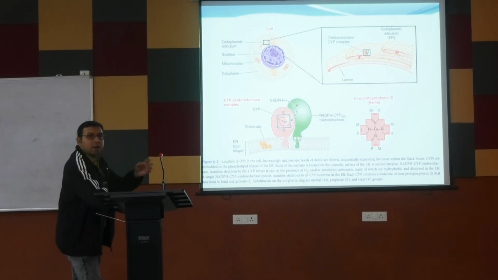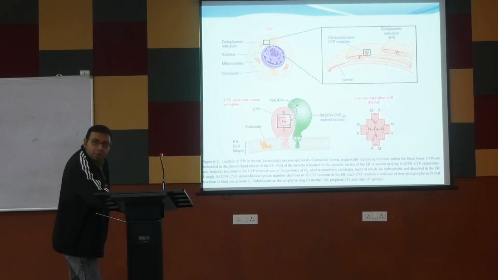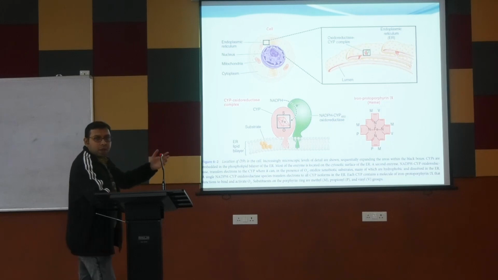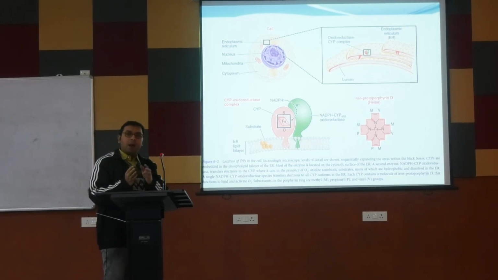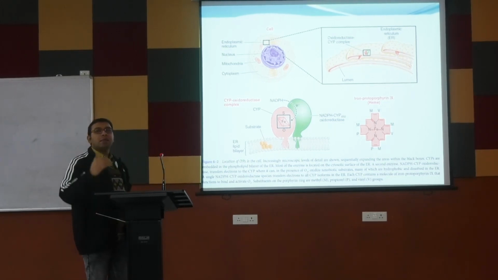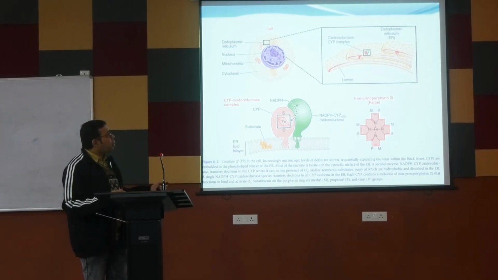Basically this is the cell membrane of the endoplasmic reticulum, which is a phospholipid bilayer. These cytochrome P450 enzymes are embedded within this phospholipid bilayer, and most of these are present on the cytosolic surface. There may be an inside of the cell membrane and an outside; the outside is known as the cytosolic surface. So within the cytosolic surface this complex is present.